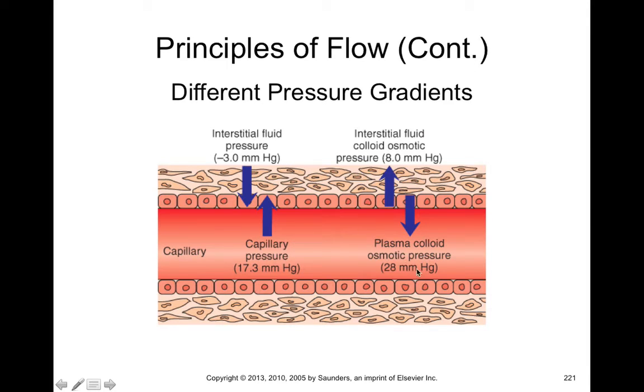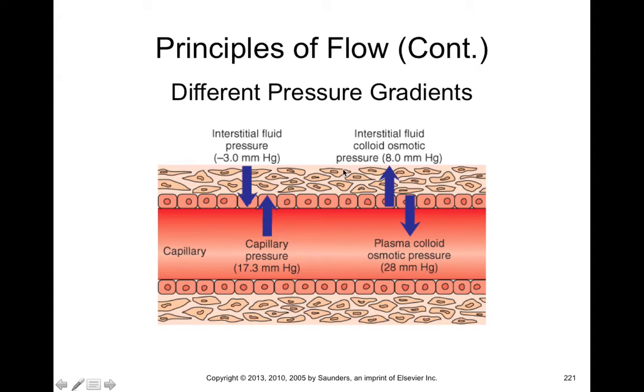And albumin helps to attract water from the surrounding tissue back into your bloodstream. It helps to oppose the effects of capillary hydrostatic pressure. That way you can reabsorb some of that water back into your blood. You don't lose too much water from blood into the surrounding tissues.